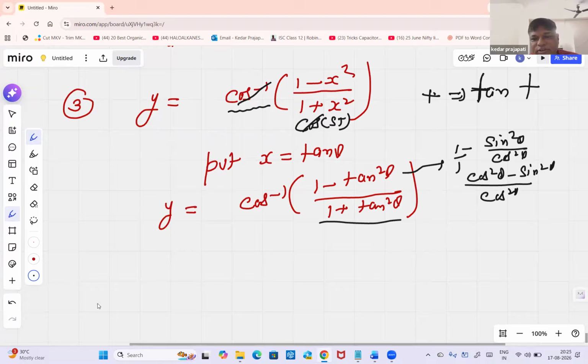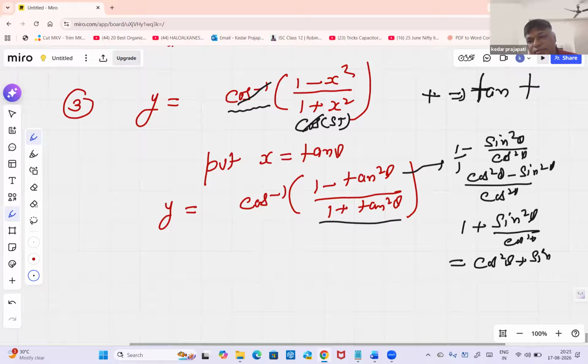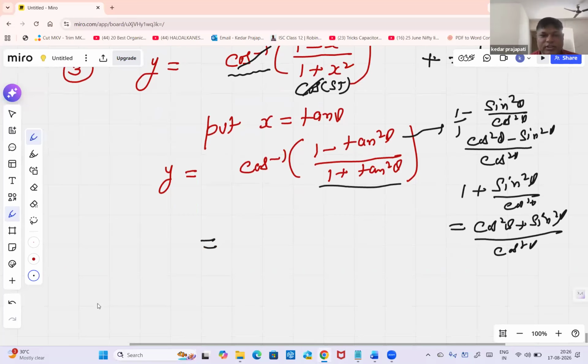And 1 plus tan square theta will be 1 plus sin square theta by cos square theta. You can further write it as cos square theta plus sin square theta by cos square theta. Either you solve it, or you can write it directly.